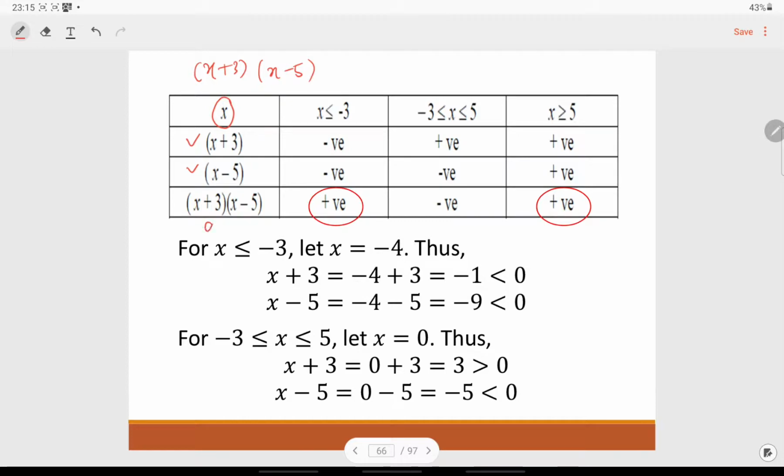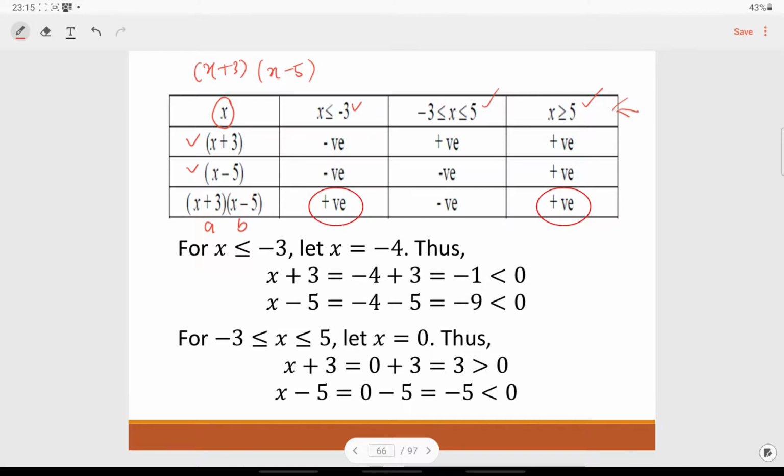So we have a times b. We combine them together by multiplication. At the first row of the table, we write the three cases that we considered just now. So we have x is less than or equal to negative 3, x is between negative 3 and 5, and x is greater than or equal to 5. The three cases that we considered just now.